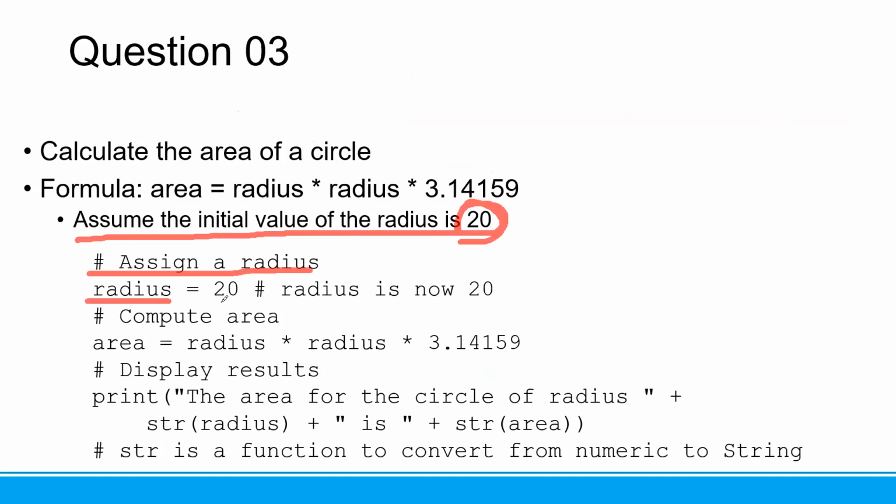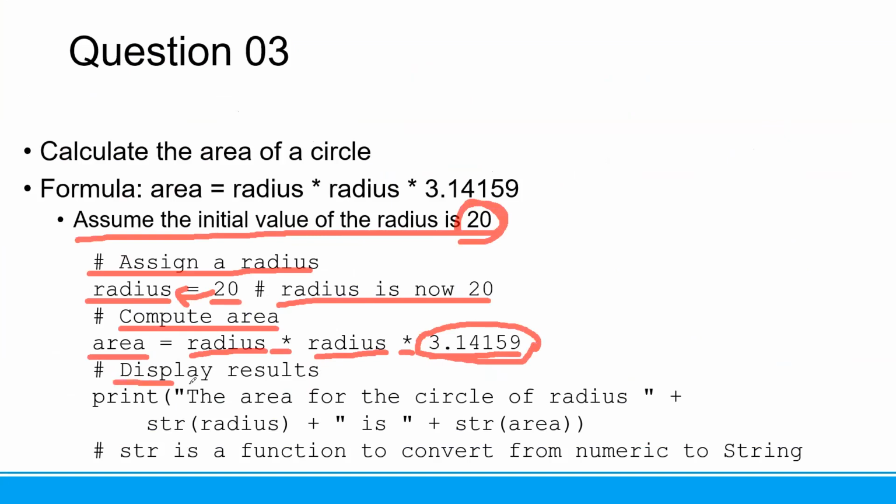So I will assign 20 to the variable radius. So now radius is 20. I would like to compute the area. So the area equals the radius multiplied by the radius multiplied by 3.14159, which is pi.